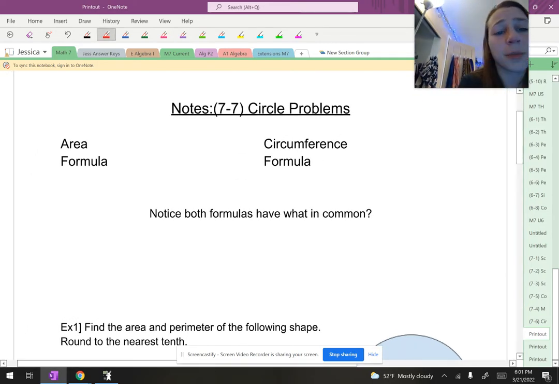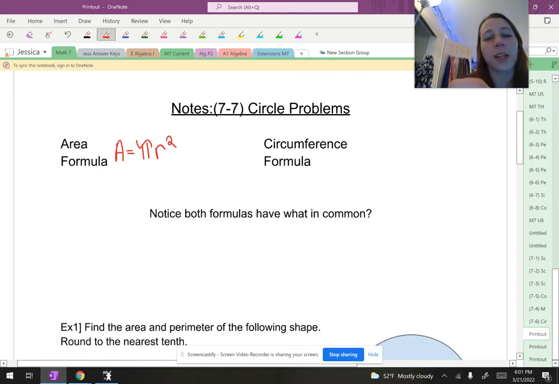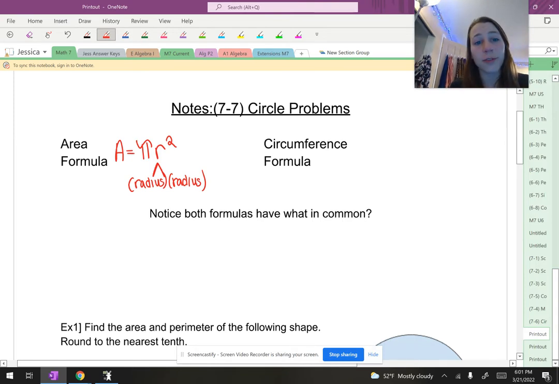So, the area formula that we learned yesterday was that area equals pi r squared. Remembering that that is a squared and not an r2 or r times 2. That's squared, meaning that you're taking the radius and multiplying it by itself twice.